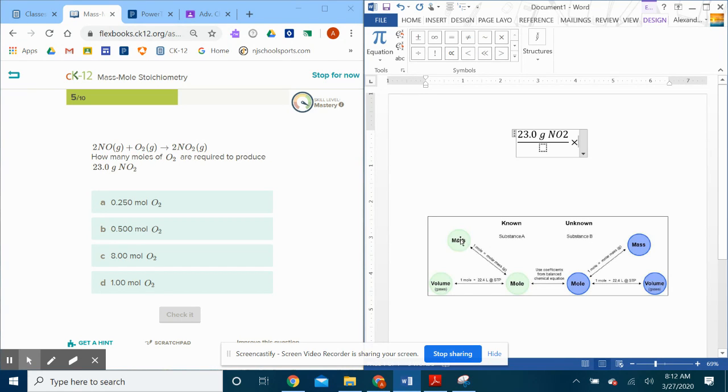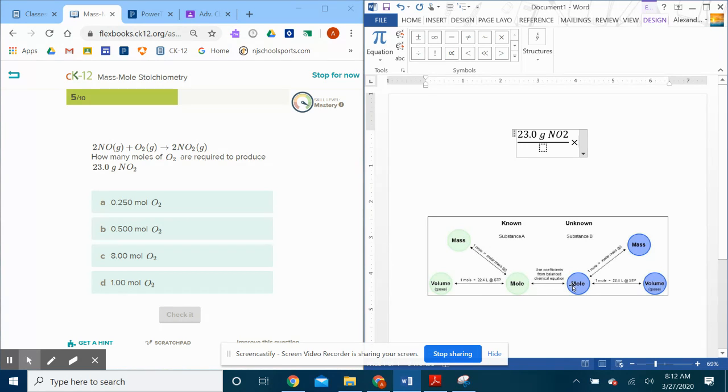So we're starting here at mass, and we need to end here at moles of O2 because that's what we're trying to find. In order to do that, we need to go from mass of the known, so mass of NO2, to moles of NO2, and then make the switch over into moles of O2.